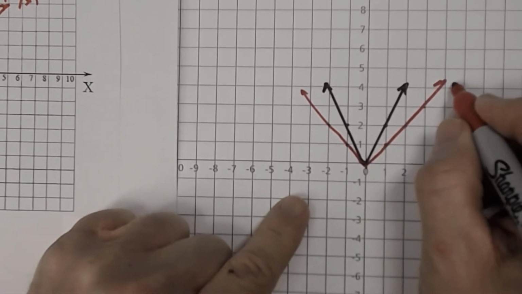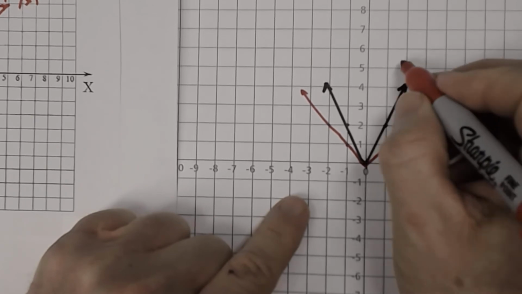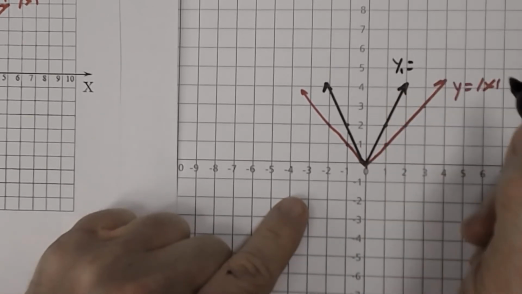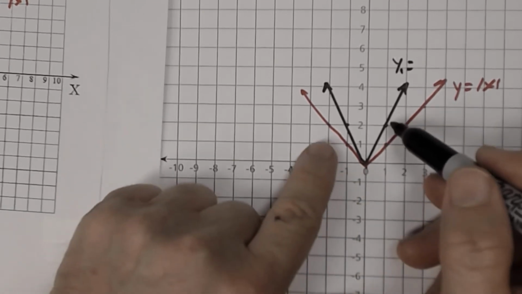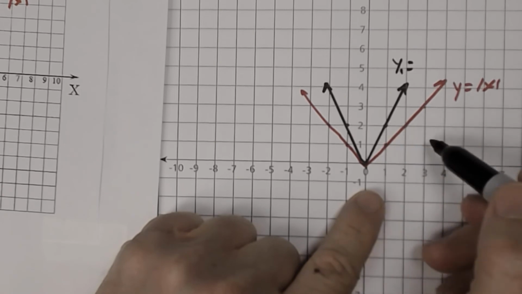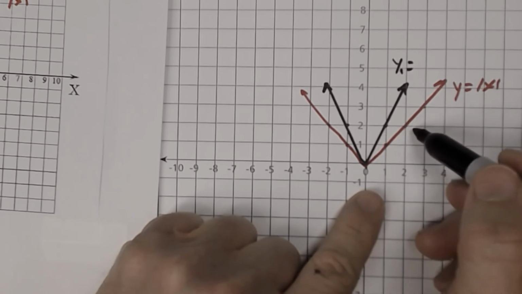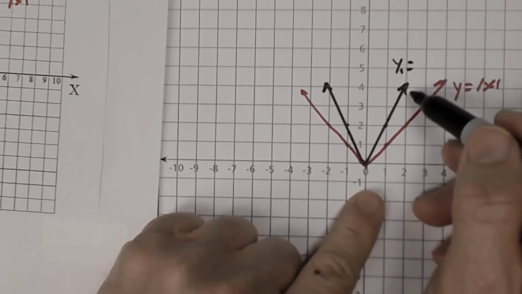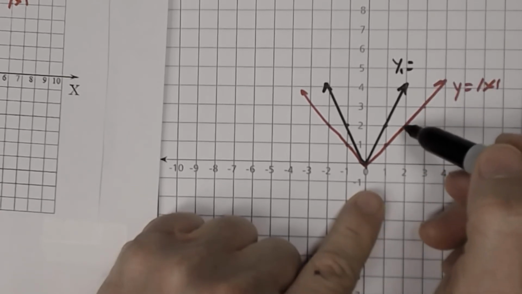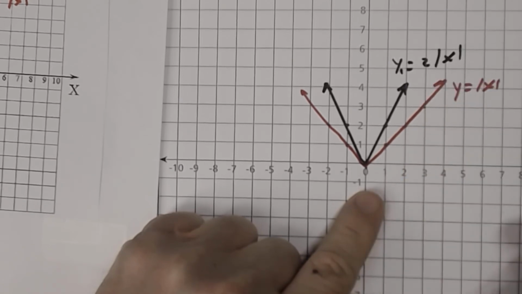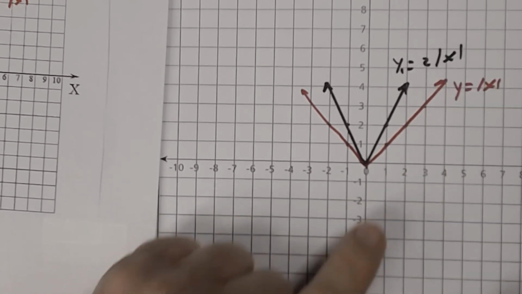So this is absolute value of x, then absolute value of x, then y1 is going to be what? So remember, you're stretching. So what do I need to multiply 1 by to get 2? What do we need to multiply 2 by to get 4? Okay, so 2, right? So my scale factor is 2. So this is 2 absolute value of x. So that is the scale factor.